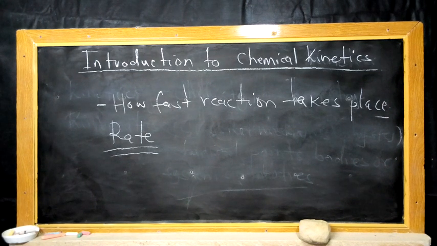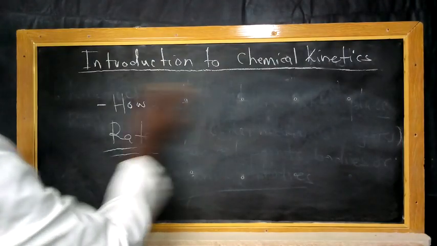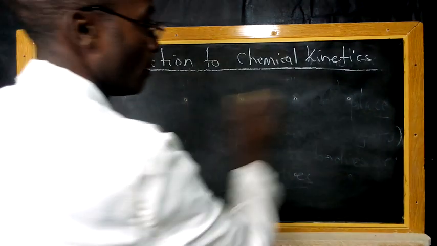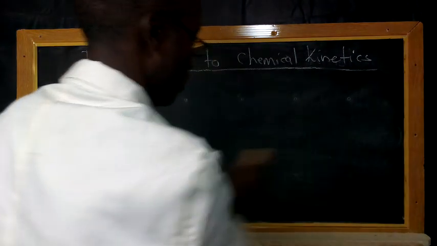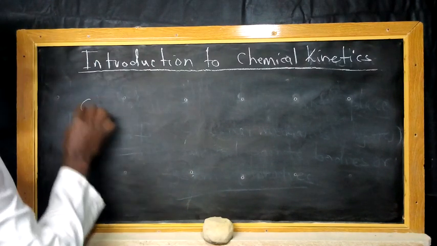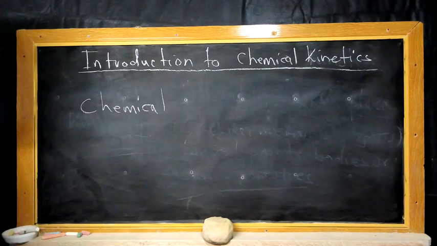And in that case, for chemical reactions, when we measure the rate or how fast the reaction is taking place, we're going to look at the different variables, as I have said. In this case, we are going to look at some aspects of a chemical.